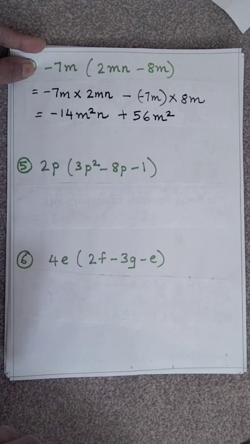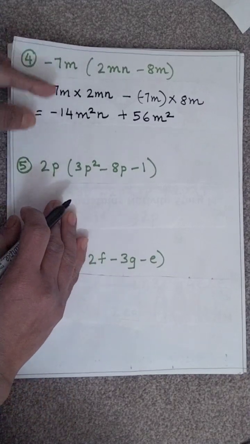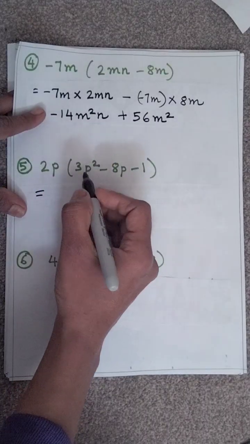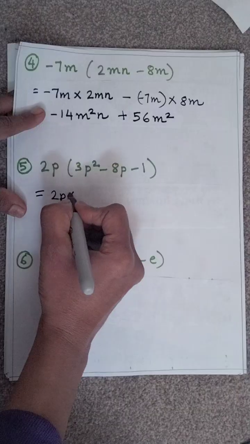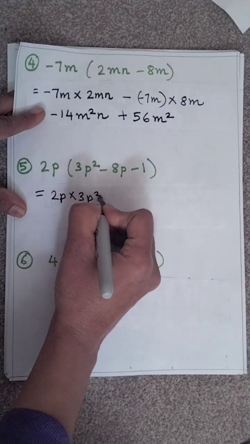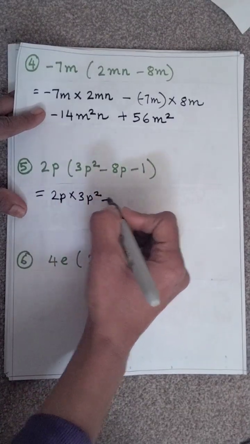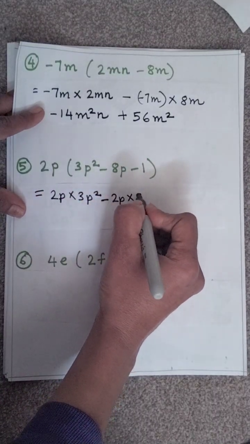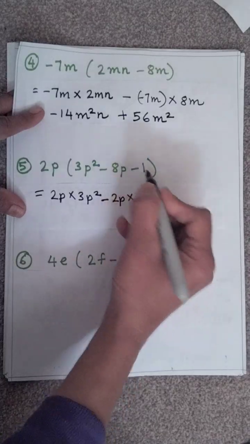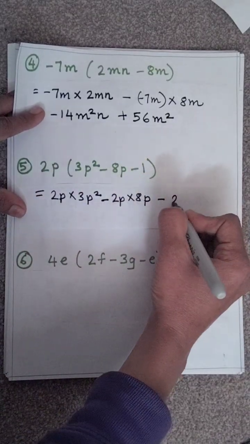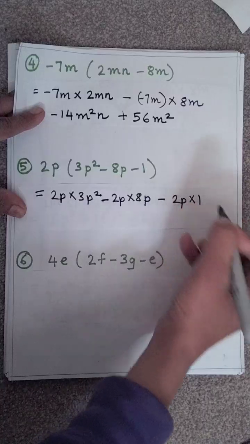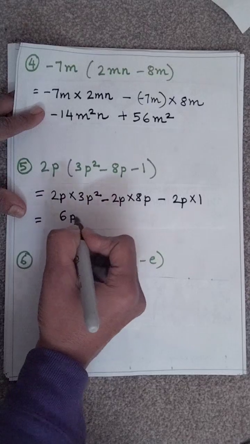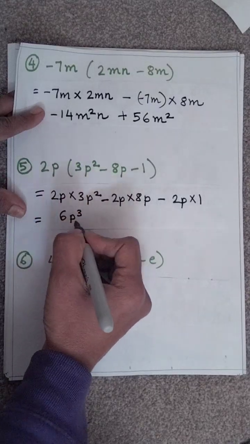Okay, now here another question. 2p times 3p square, put minus sign, 2p times 8p, put minus sign, 2p times 1, is equal to 2 times 3 is 6 p cube. p times p square is p cube.